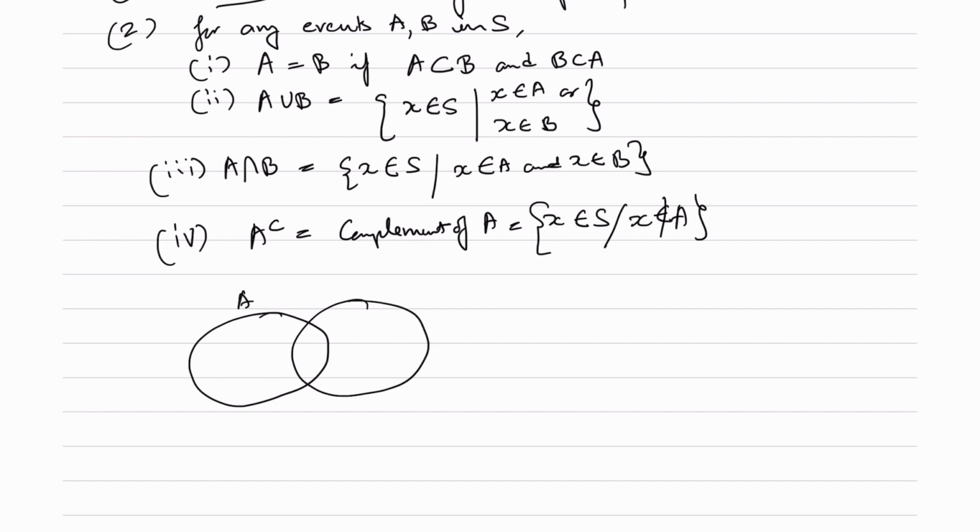You have A and B. A union B you can write like this, and A union B consists of all of that. But you know that A intersection B is a subset of A union B.